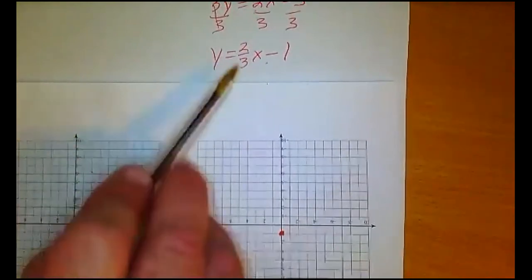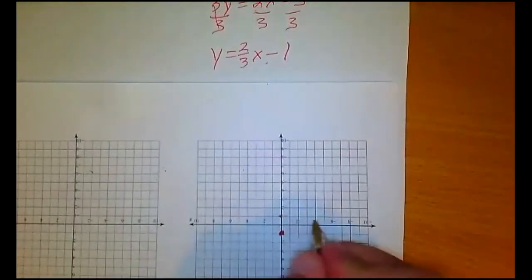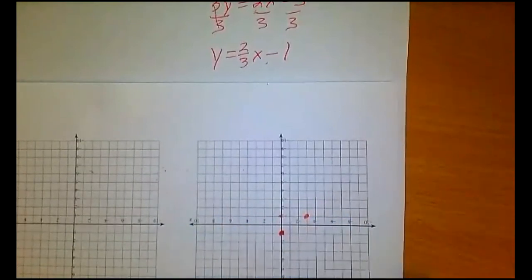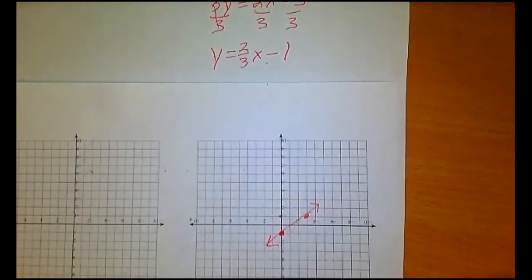And now I've got a slope of 2/3. So it's change in y over change in x. So it's going to go up by 2 and over by 3. Okay? So change in y, change in x. So it went up by 2 and over by 3. And there's my line.